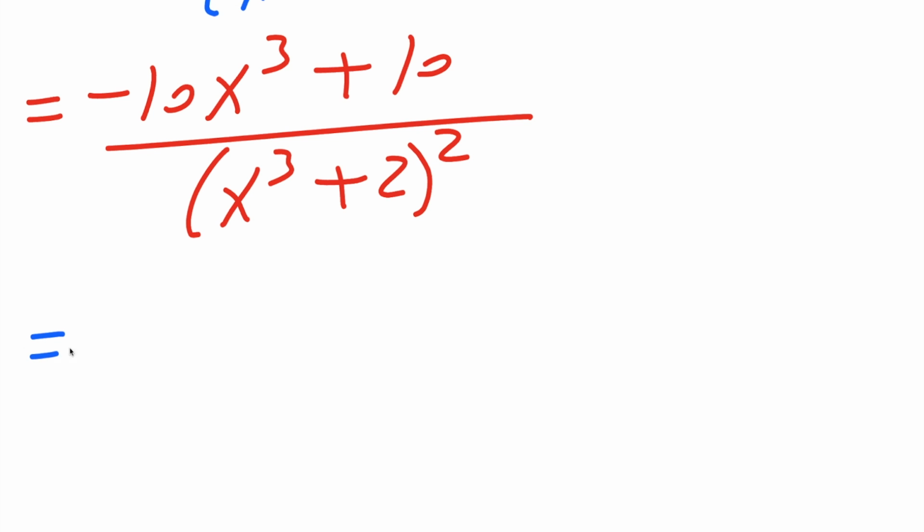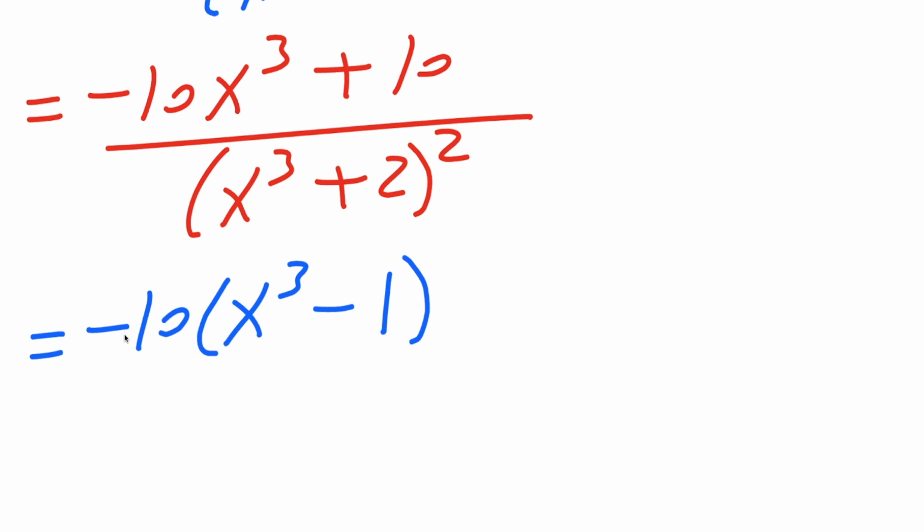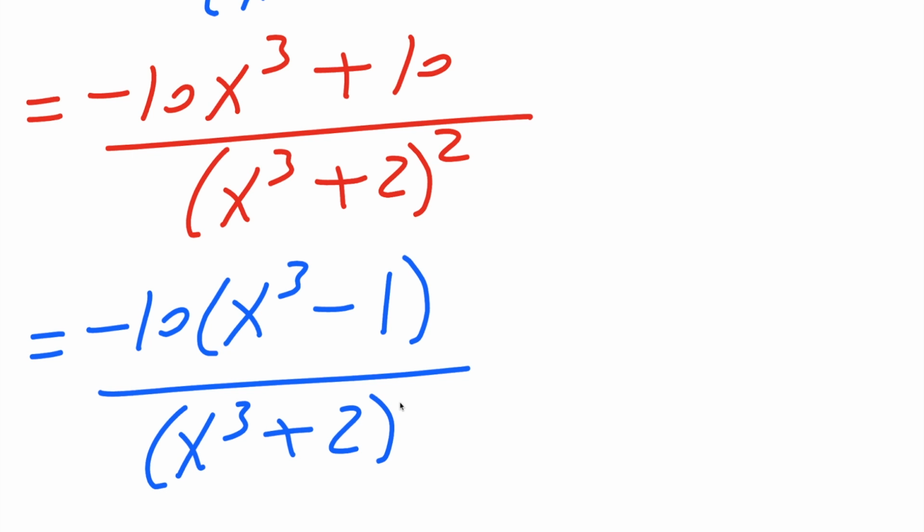So if you want to clean it up a little bit, you could say negative 10 parentheses x cubed, because negative 10 times x cubed is negative 10x cubed, minus 1 because negative 10 times negative 1 is positive 10, divided by our denominator, which is x cubed plus 2 squared.